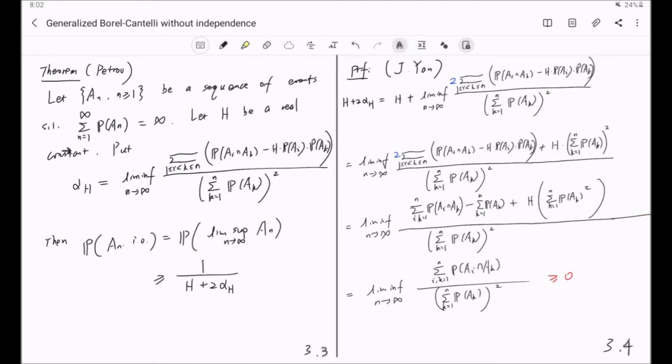If you just look at the assumptions of the Petrov theorem, you don't see whether h is bigger or equal or less than or equal to 1. It is possible that h is a small number, but in order to guarantee that this guy is bounded above by 1, when h is very small, alpha of h must be positive.